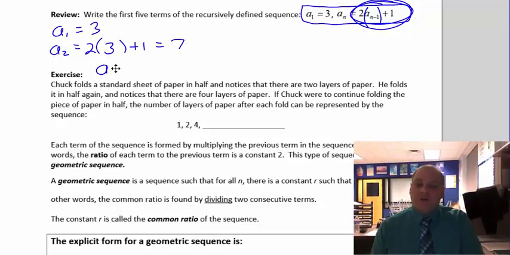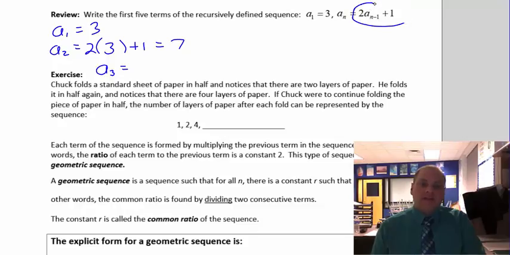My third term, a sub 3. Go back to the rule right here. I'm just going to clean this up a little bit here. Go back to the rule. 2 times the previous term. Now the previous term is 7. So 2 times 7 plus 1.